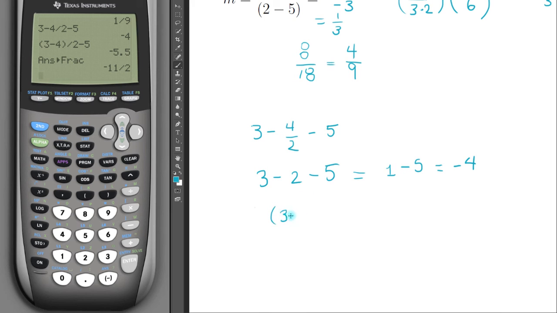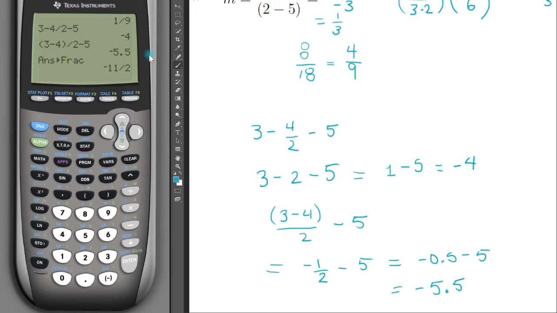This is what the calculator understood when you forgot your second pair of parentheses. So 3 minus 4 divided by 2 minus 5. 3 minus 4 is -1. -1/2 is -0.5. And minus 5 is -5.5. So there you have it.